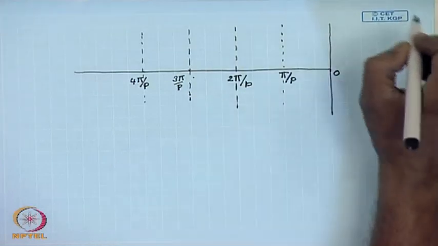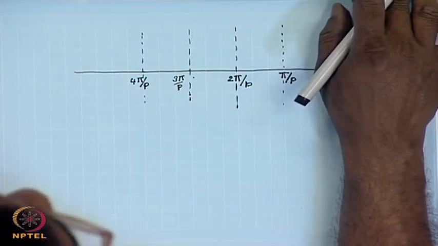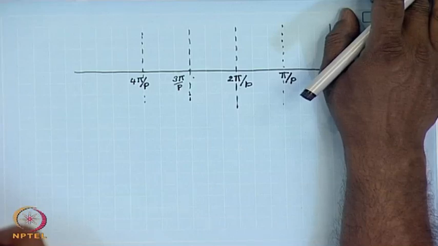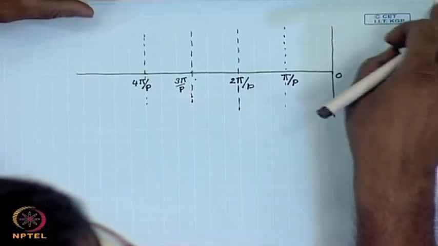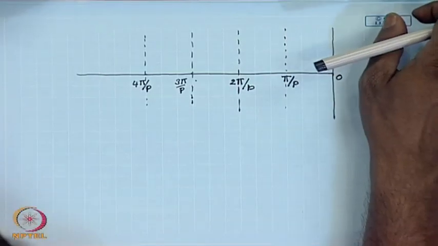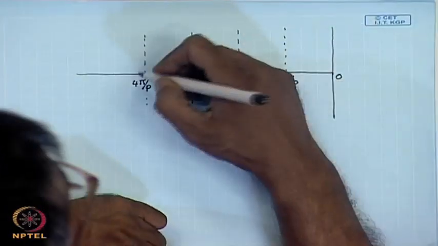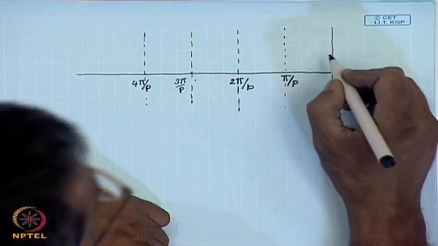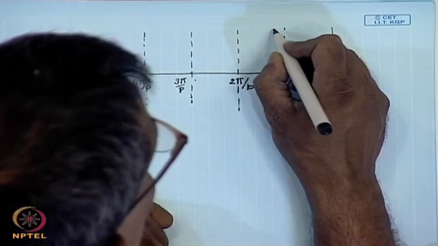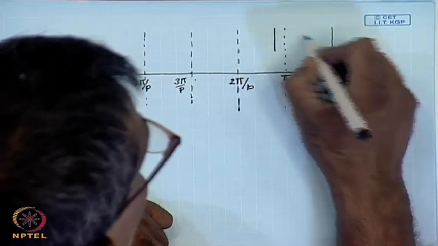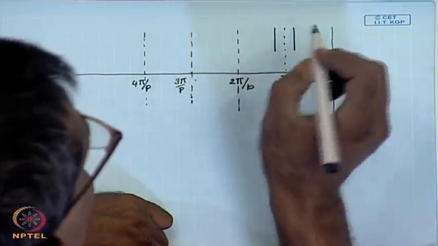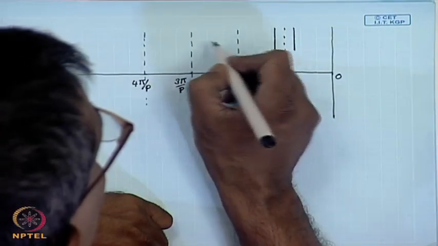Since the action due to a pair of poles is identical for all pole pairs, we will concentrate only on the behavior of the machine under one set of pole pairs. So, our diagram ends here. Let us say this is the north pole and this is the south pole.